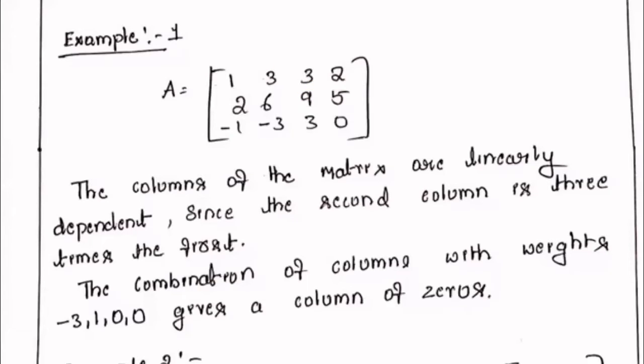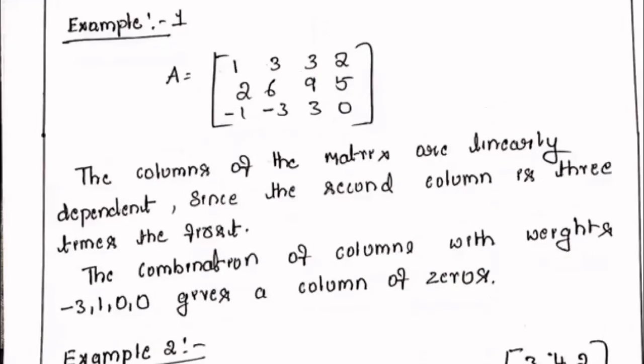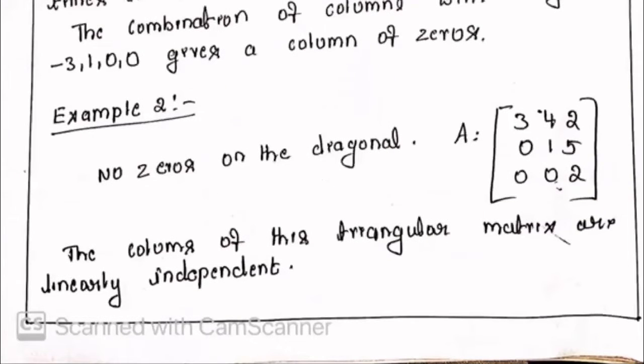So this combination gives the solution -3, 1, 0, 0 as the values of c1, c2, c3, c4. If you substitute it, you get the Ax equals 0 form. So the conclusion is, since column 2 depends on column 1, you can call it linearly dependent. And you can consider this as the statement itself.